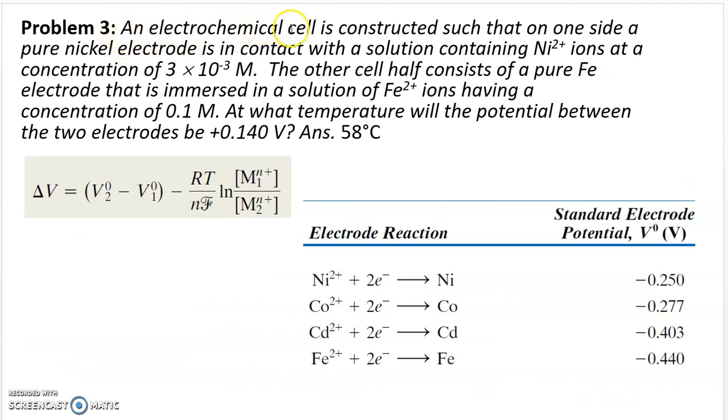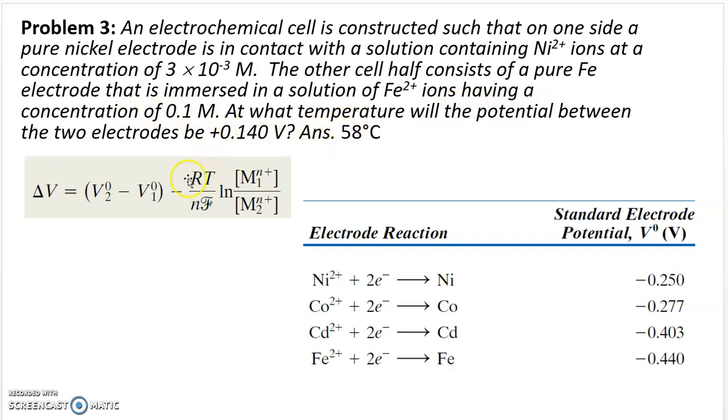An electrochemical cell is constructed such that on one side a pure nickel electrode is in contact with a solution containing nickel ion at a concentration of 3 times 10 to the power minus 3 M, and the other cell half consists of a pure iron electrode immersed in a solution of iron ions having a concentration of 0.1 M. At what temperature will the potential between the two electrodes be 0.14 volt?